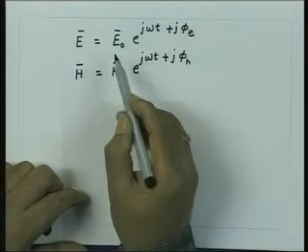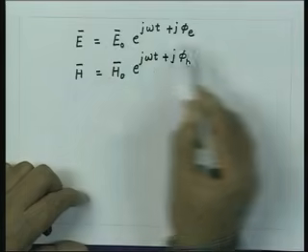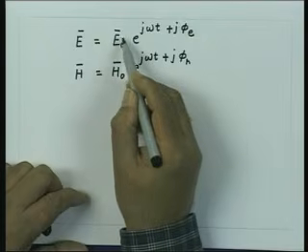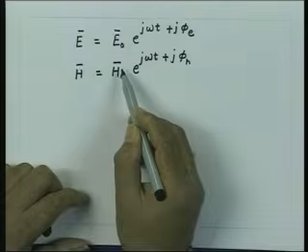What we can do is take out the vector associated with this as a unit vector and write down this quantity only as the magnitude of the electric field and the magnitude of the magnetic field.